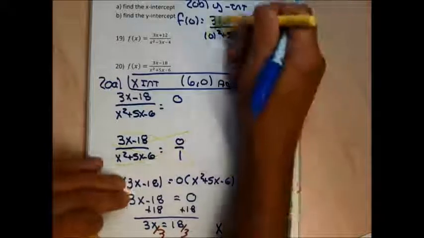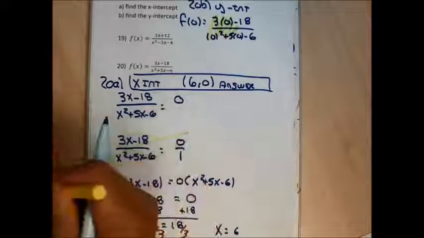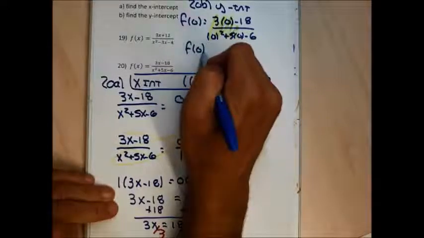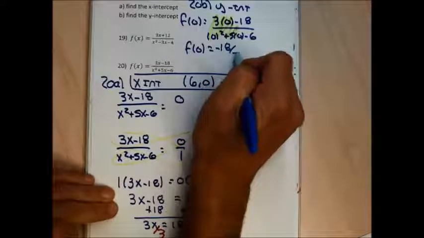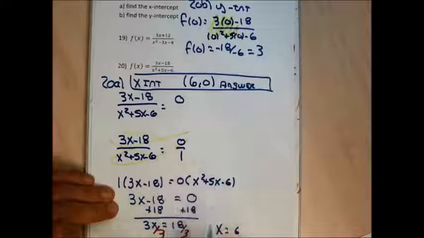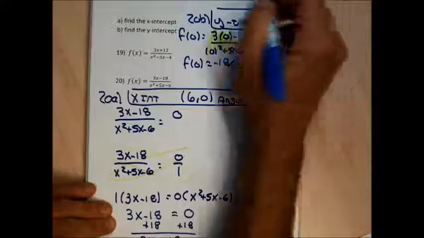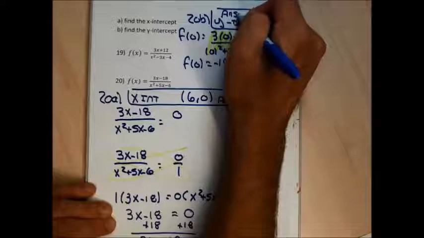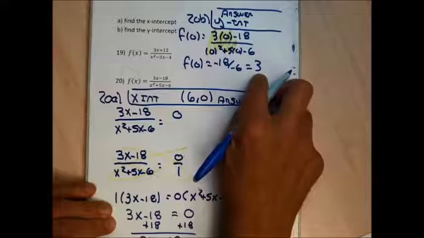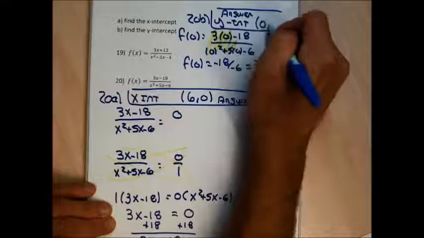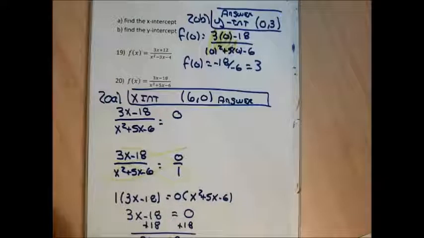All the pieces with zeros turn into zeros, so this simplifies to f of 0 equals minus 18 over minus 6. That comes out to be positive 3. When I go to write my answer for 20b, the opposite letter is always 0. The opposite letter of y is x, so the x is 0 and the y is 3.